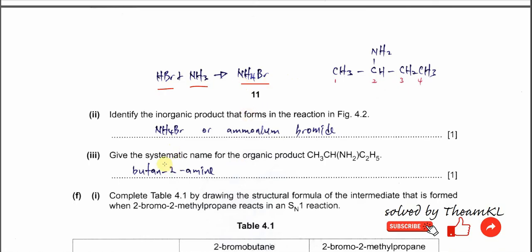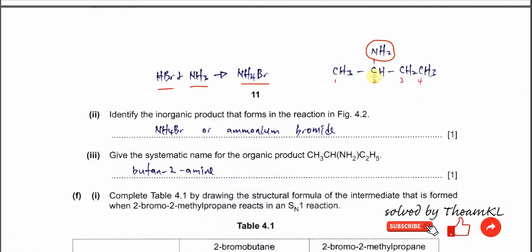Okay, part 3. Give the systematic name for the organic product. Okay, this one. So the structure is something like this. Let's put the carbon numbers. So this is the first carbon, second carbon, third carbon, and fourth carbon. And the NH2 is bonded to the second carbon. We will choose the nearest branch, right?